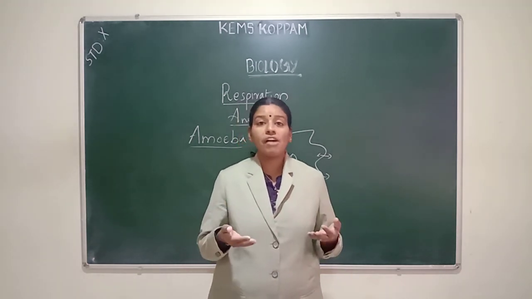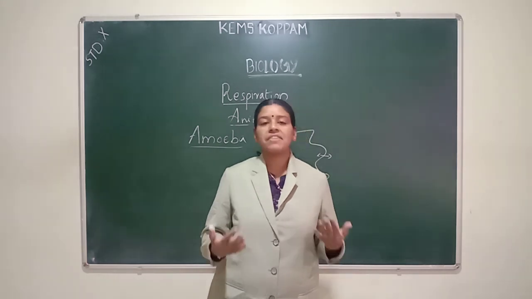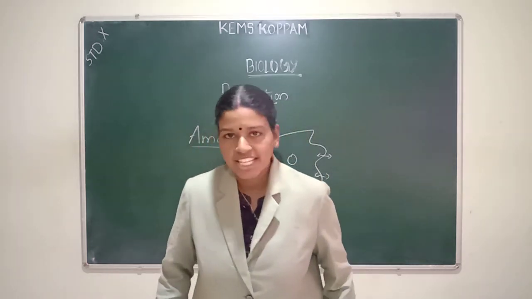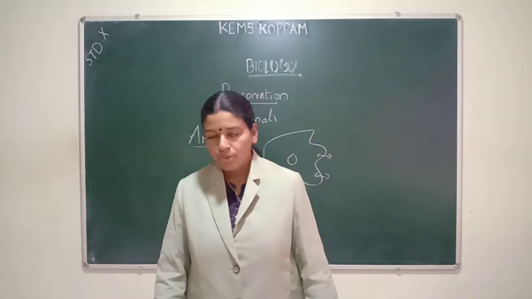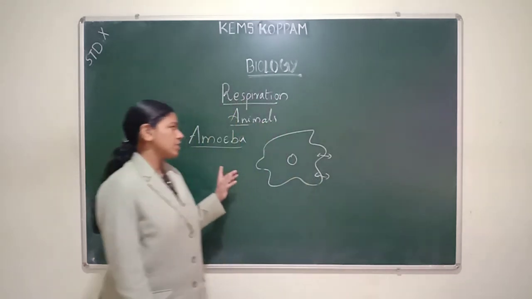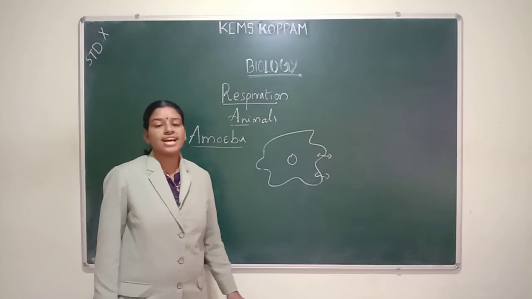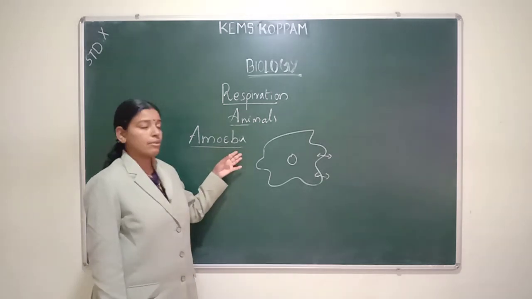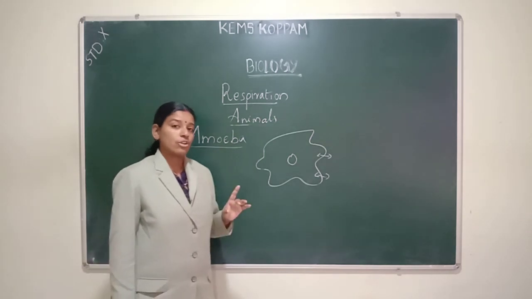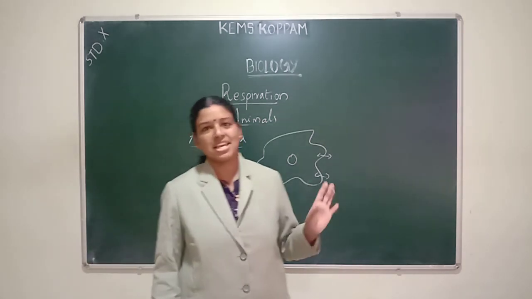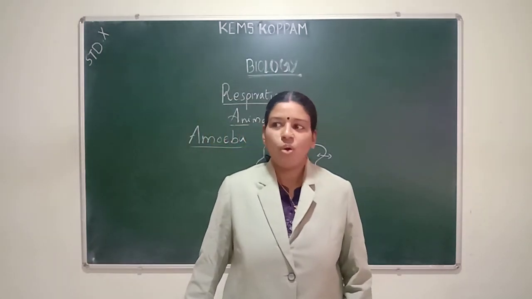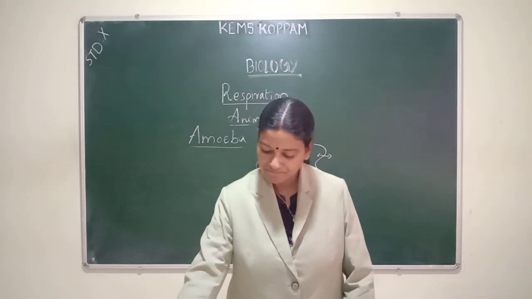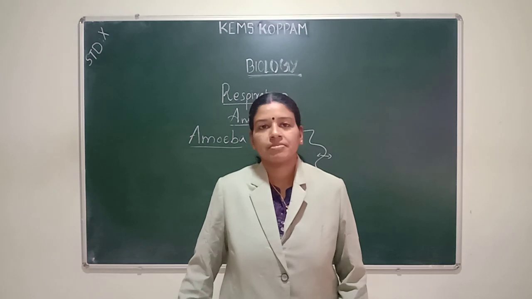In the case of aquatic organisms, they will take in dissolved oxygen. In case of fish, it is gills. Now, in case of amoeba, respiration is by the process called diffusion. And also respiration in plants, root hairs by the same process, diffusion. Hope this is clear to you all. Okay. Thank you.